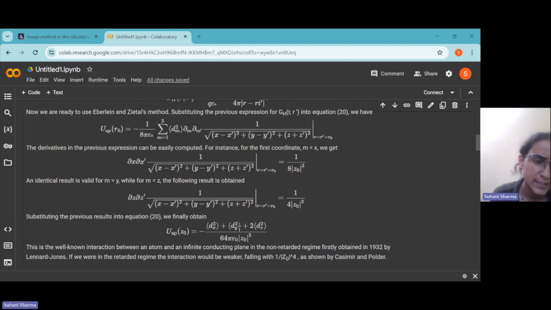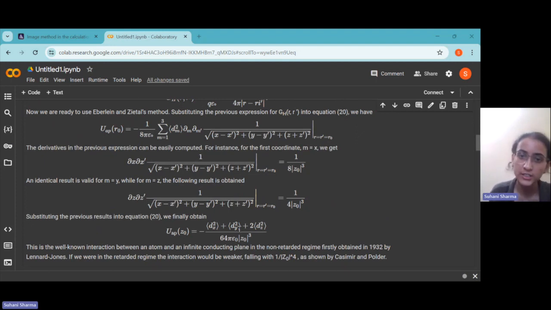By analyzing the interaction energy, we gain insights into the nature and strength of the interaction in the non-retarded regime. Understanding such interactions is very crucial for various scientific endeavors, ranging from material science to quantum mechanics.